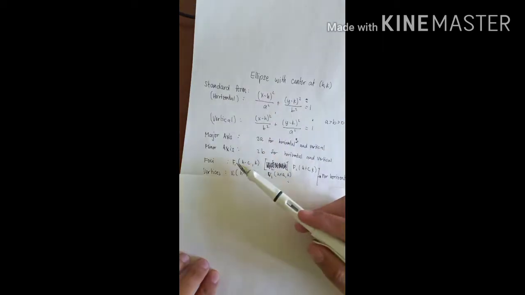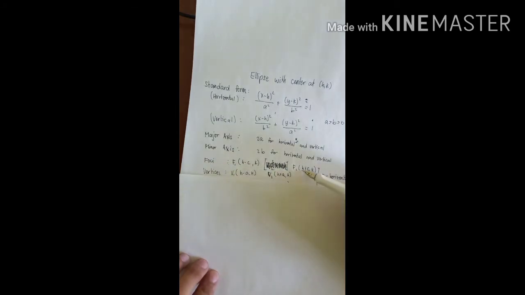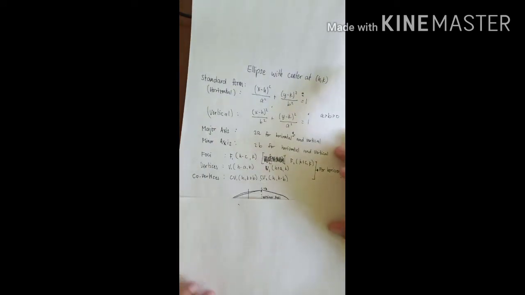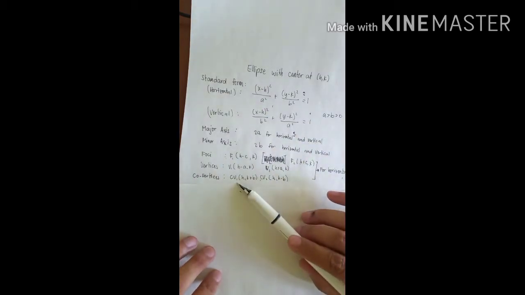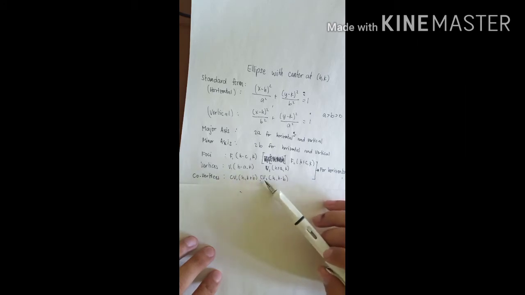Okay? So ito yung ating mga foci, yung dalawang foci natin, and then dalawang vertices for the horizontal. Next, the covertices of the horizontal, we have CV sub 1 (h, k plus b) and CV sub 2 (h, k minus b).